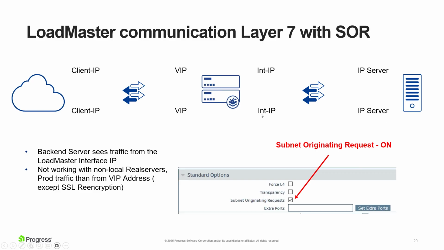Okay. Now, for the health check, it's very simple. The health check always comes from the interface of the active unit, if you have HA, and it's the interface IP address from that interface that is used to route to that server.